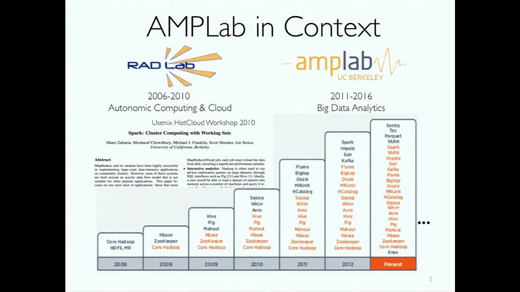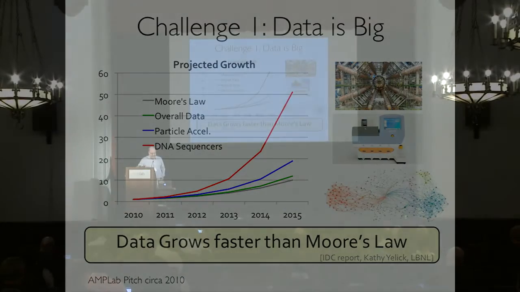That led us into the AMPLab, and we were basically catching this wave of open source analytics software. You can't read it, but Spark shows up here in 2012, towards the end of this particular picture. This is what was going on in the industry.